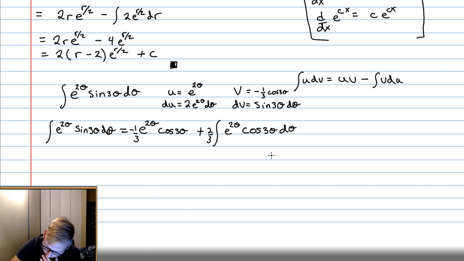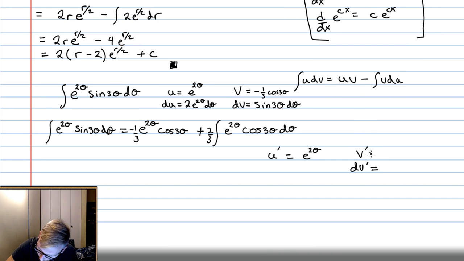Let's try it again. I'm going to call it u prime is equal to e to the 2 theta, and dv prime. And prime just means something that's different. That's all I'm using it to say. I could have used different letters, but I feel like that might be a little bit confusing when we reuse the formula.